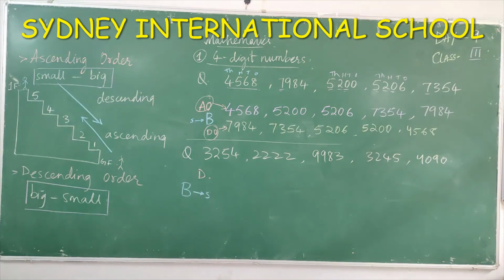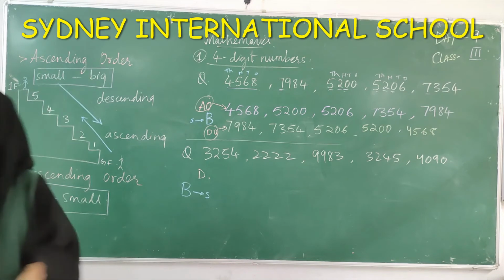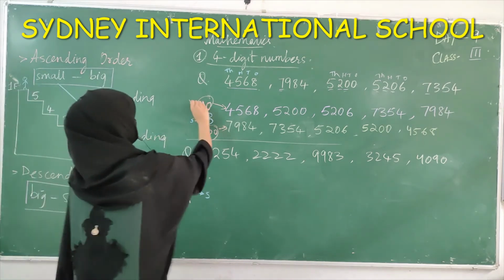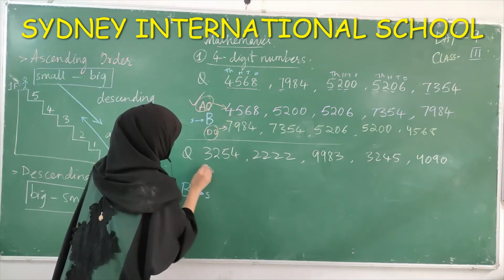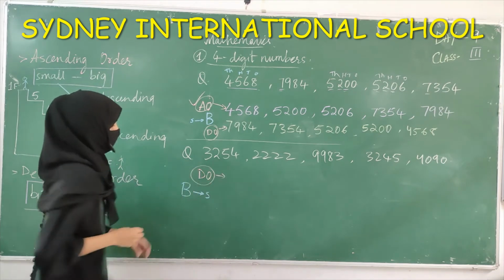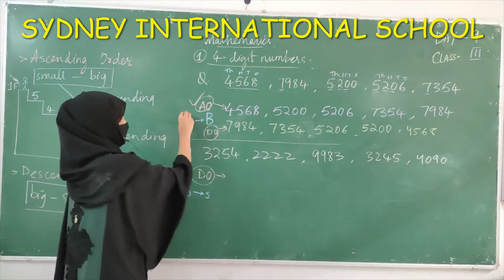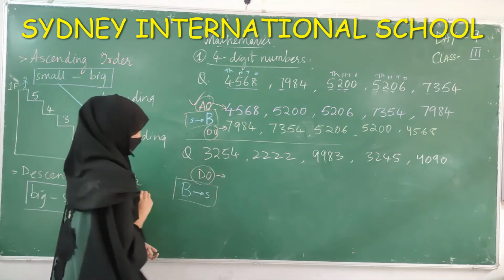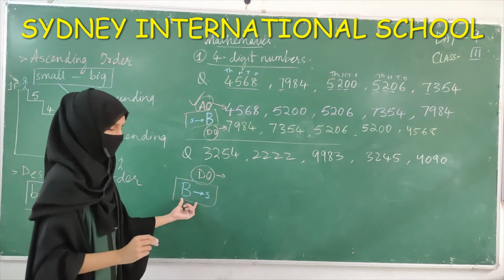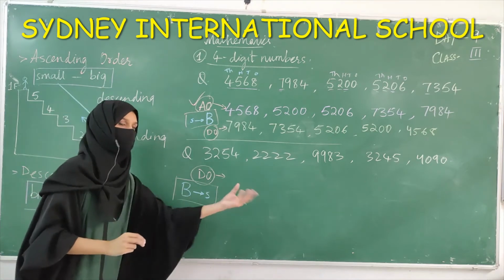So first we'll arrange these numbers in descending order. First, this I explained to you. Now I'll explain this. It is just the same, nothing different. Now in descending order, we are going to arrange the numbers in big to small format. In ascending, small to big; in descending, big to small. So here we'll first look at the biggest number, then we'll go to the smallest.